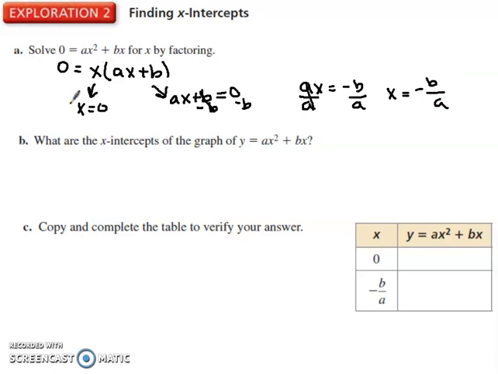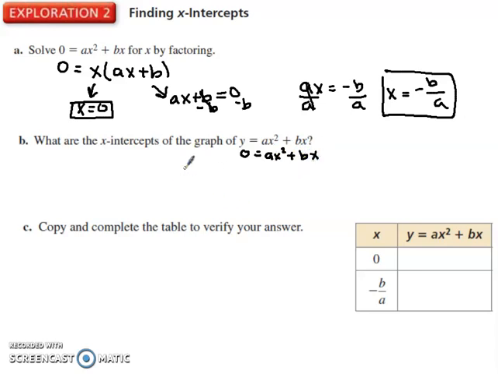So I have two answers. My first is that x is 0, and my second is that x is negative b over a. So when my y value is 0 in our equation, then my x values are 0 and negative b over a. If I'm looking for the x-intercepts of this graph, whatever a and b might be, I would put in a 0 for y and then solve the equation, which I already did above.